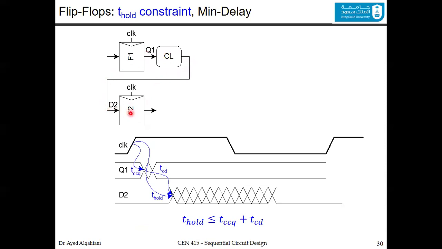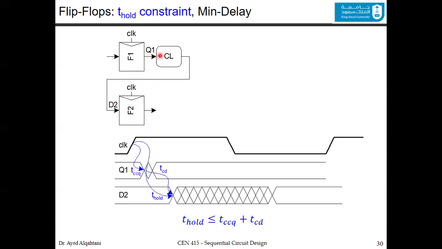So the typo that you don't want is while you are trying to save a value here, a new value comes quickly and messes up the work that you are trying to do in this flip-flop. So we have a holding time within this flip-flop, and we have a passing time through the combinational logic.